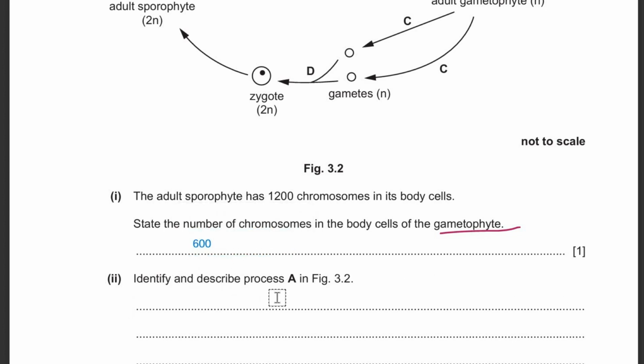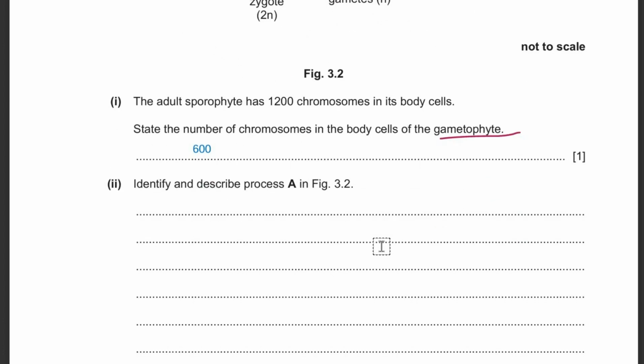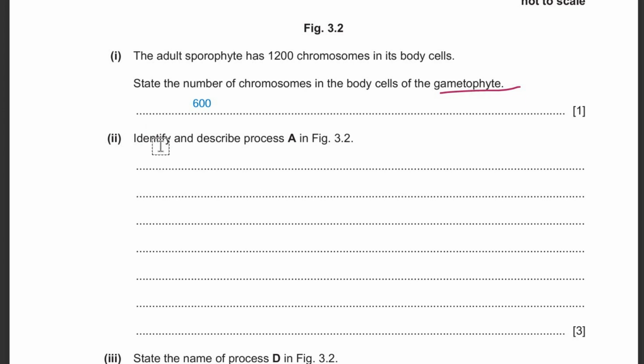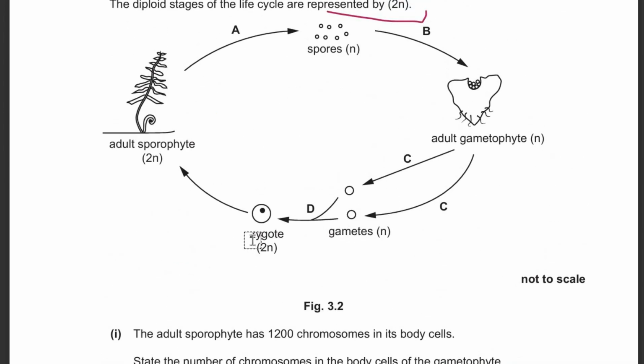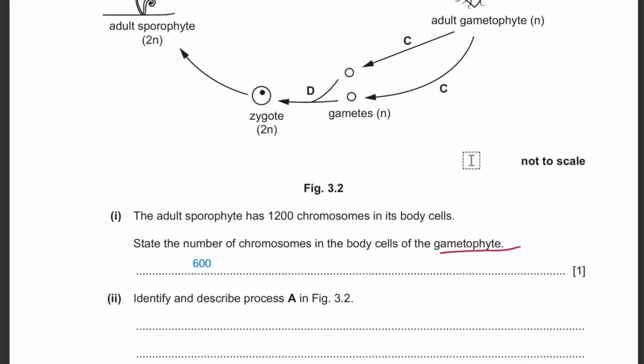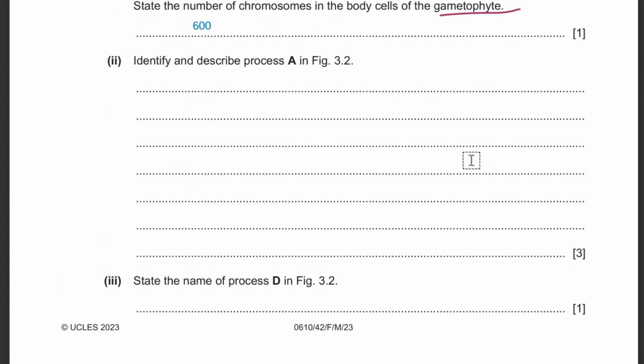So there will be 600 chromosomes in the gametophyte. Identify the process and describe the process in A. So for A, we have 2 parts to this question. First, we have to identify and then describe. So what is happening in A? There is the formation of spores and then gametophyte. So what division is this? Meiosis. Alright. And meiosis is known as reduction division, in which the chromosome number is halved.